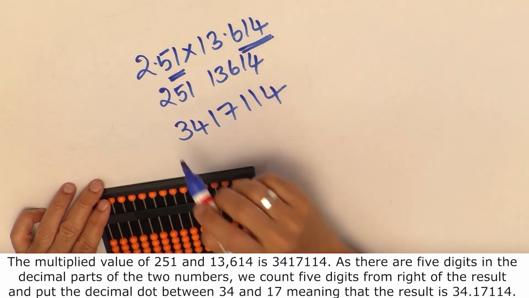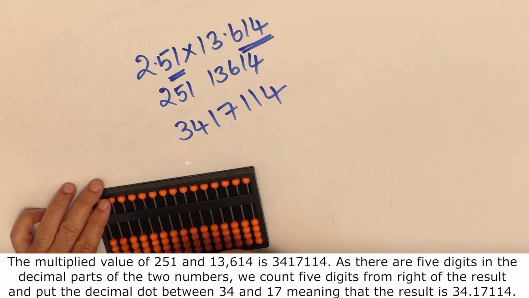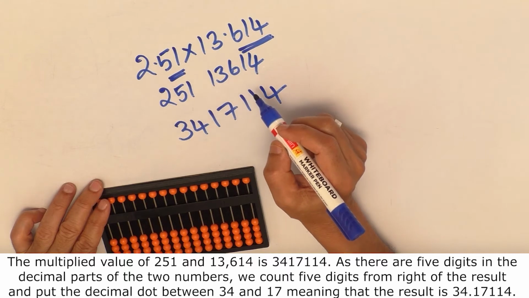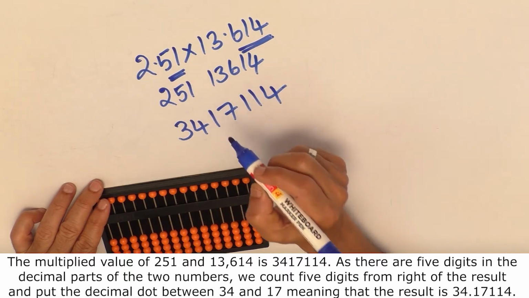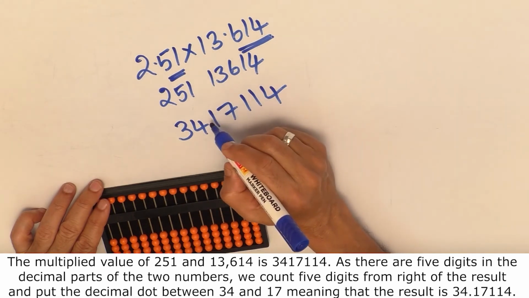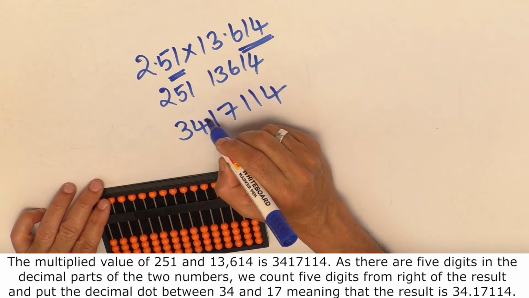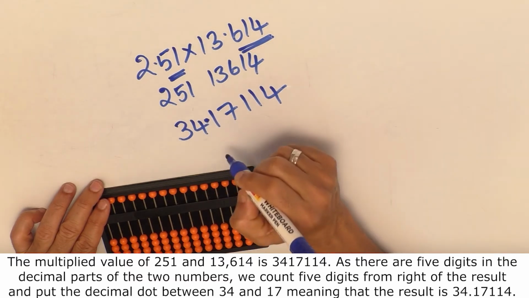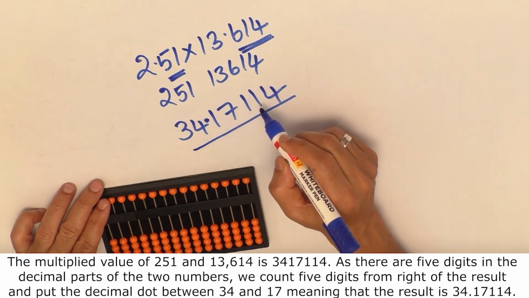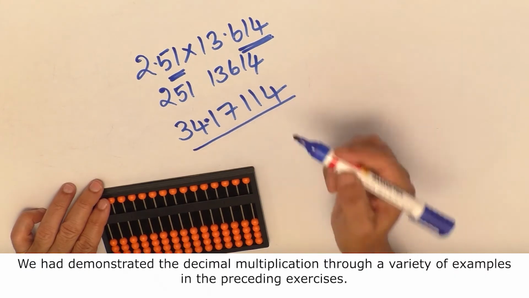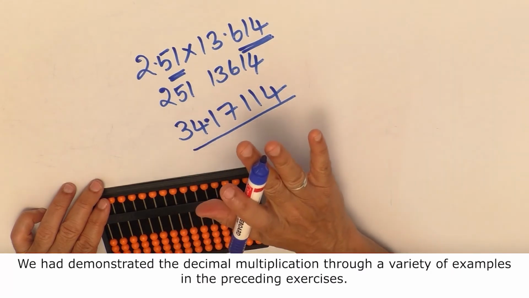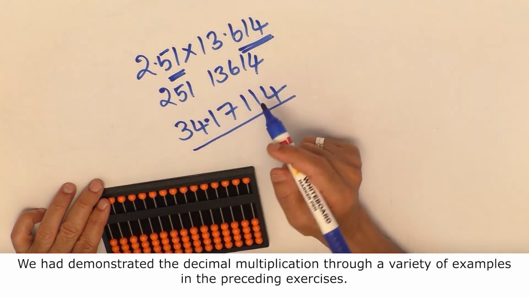As there are 5 digits in the decimal parts of the two numbers, we count 5 digits from the right of the result and put the decimal dot between 34 and 17, meaning that the result is 34.17114. We had demonstrated the decimal multiplication through a variety of examples in the preceding exercises.